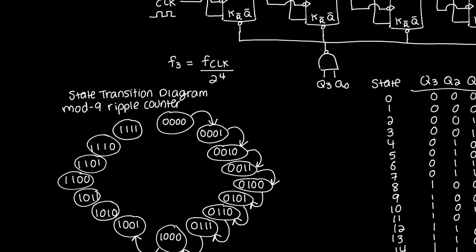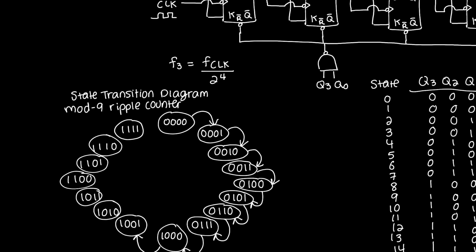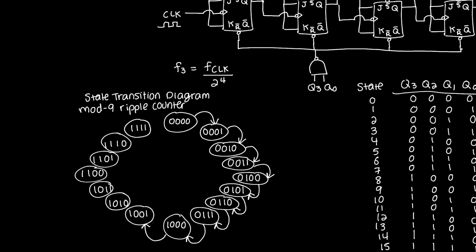This NAND gate here is going to kick in because Q3 and Q0 are both high, and it's going to reset the counter state asynchronously back to 0. And we're going to draw the timing diagram, but we'll do that in a bit. So for now, I'm going to represent that asynchronous transition back to 0 with this dashed line.